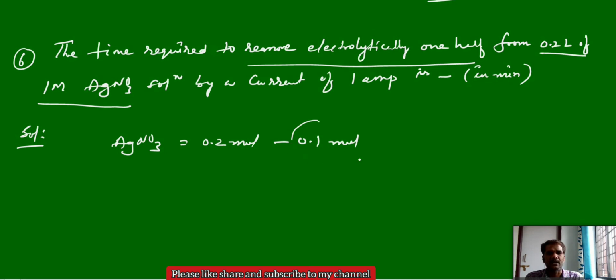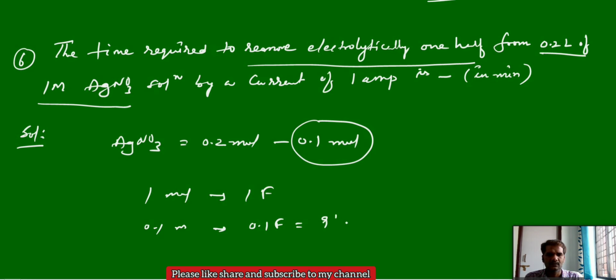For the removal of 0.1 mole of silver nitrate, how much charge is required? Generally for 1 mole we require 1 Faraday. Then for 0.1 mole we require 0.1 Faraday, nothing but 9650 coulombs. So this much charge is required.